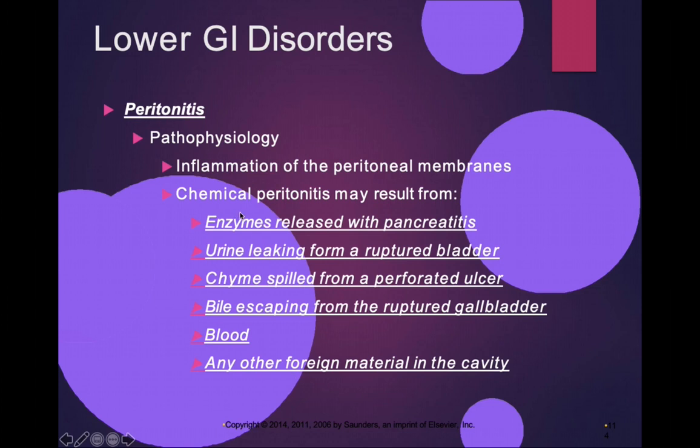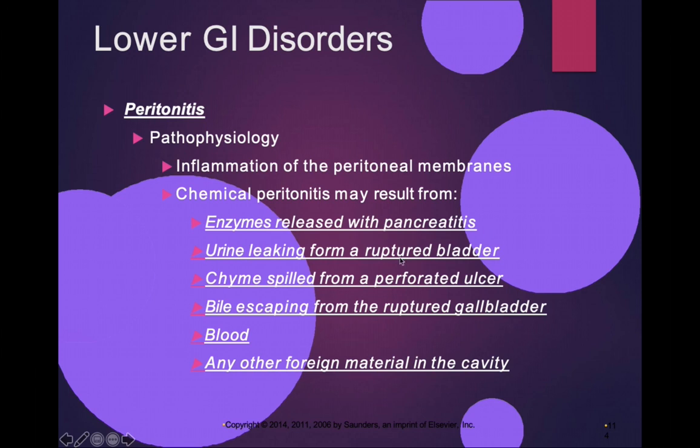With peritonitis, this is inflammation of the peritoneal cavity. This can result from pancreatitis. Remember the enzymes released with pancreatitis? Or any urine that leaks from a ruptured urinary bladder, or if chyme is spilled from any perforated ulcer, or if bile escapes from a ruptured gallbladder, if blood escapes, or any other foreign material in the cavity, it can spread within that peritoneal cavity.